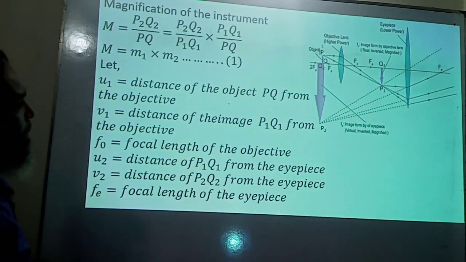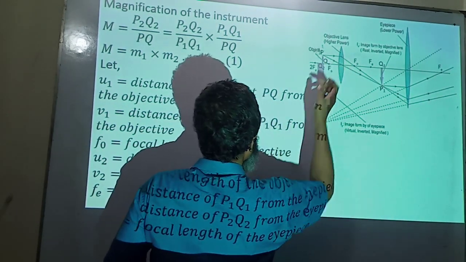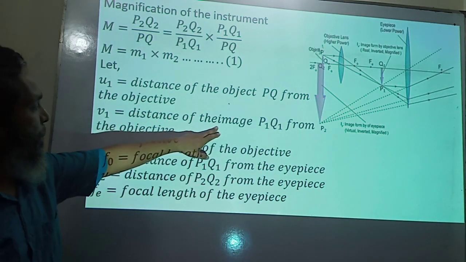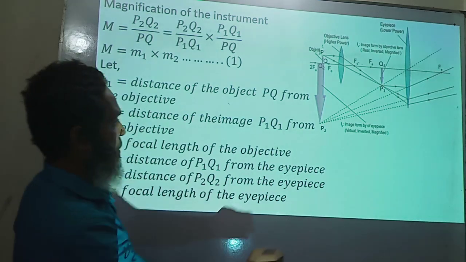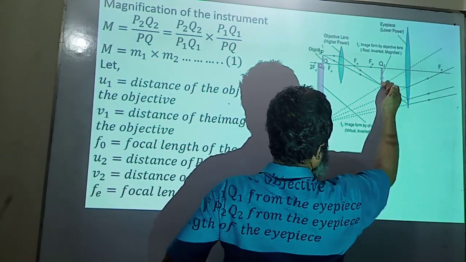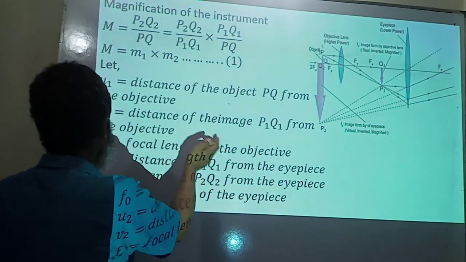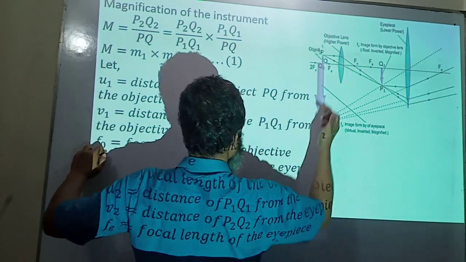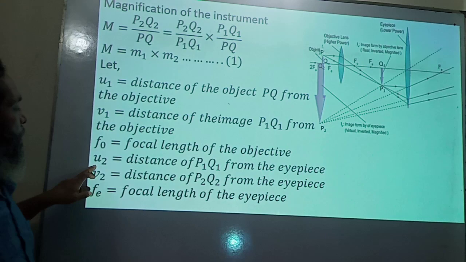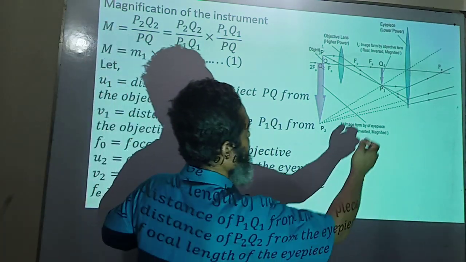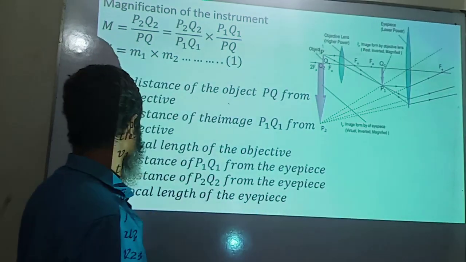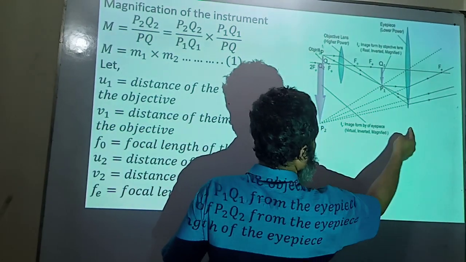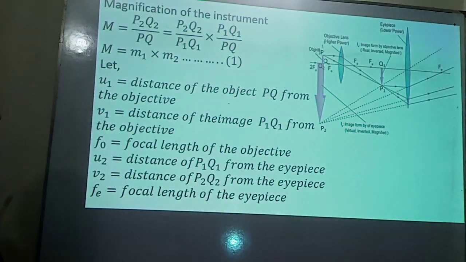Let us see here, u1 is the distance of the object PQ from the objective. v1 is the distance of the image P1Q1 from the objective, that is this distance. f0 is the focal length of the objective. u2 is the distance of P1Q1 from the eyepiece, that is this distance. v2 is the distance of P2Q2 from the eyepiece.